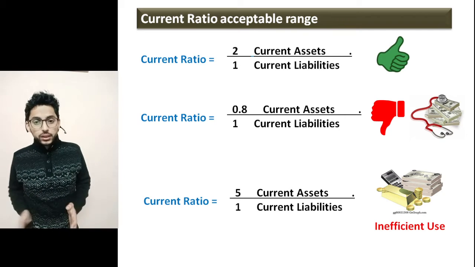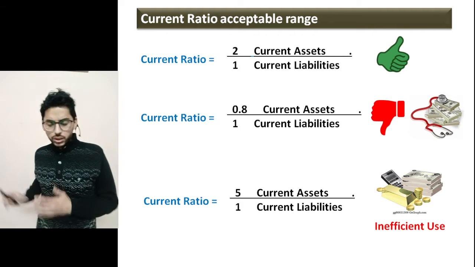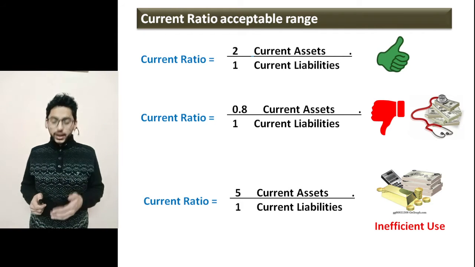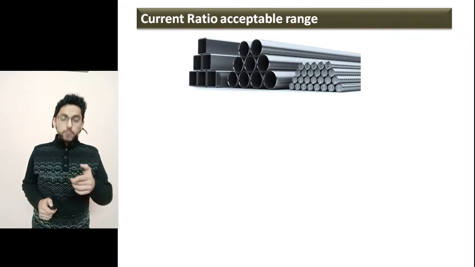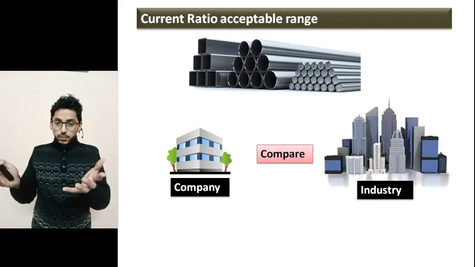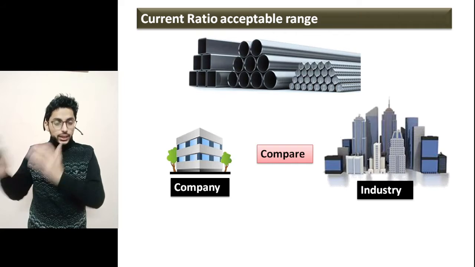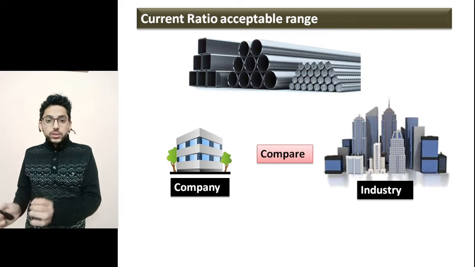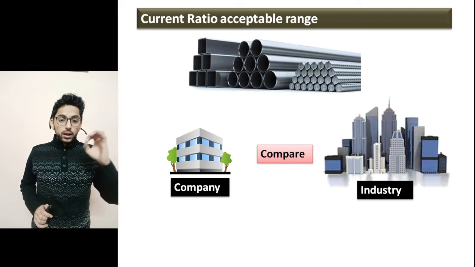Okay, so is this 2 is to 1 ratio to be considered as a benchmark for every company? No, this is a generic benchmark which is given in the books. Practically, let's say you are a steel company, you might compare your current ratio with an industry average. There must be a steel industry and metal industry average. So you can take the industry average current ratio as a benchmark to compare your own current ratio.